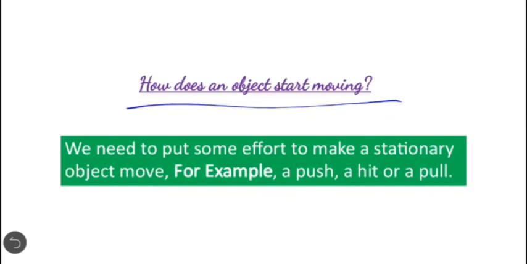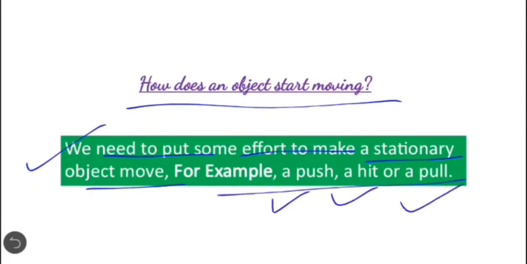The answer may be, we need to put some effort to make a stationary object move. It means there is a requirement of an external thing which can move an object, which can be a push, a hit, or a pull. With these three things we make a single term, which is force.